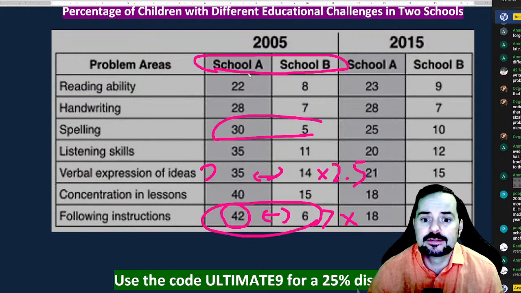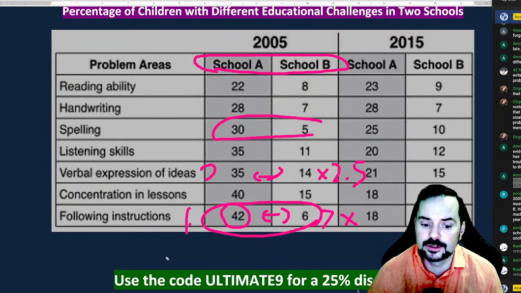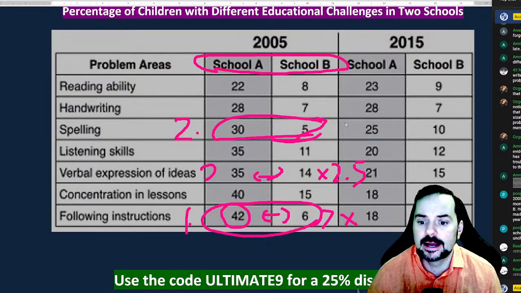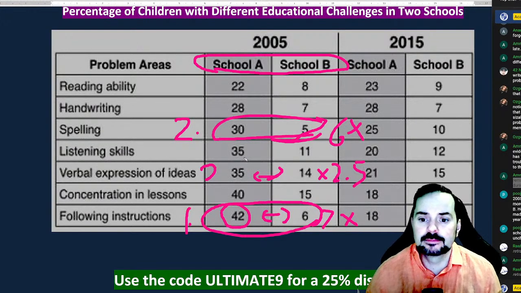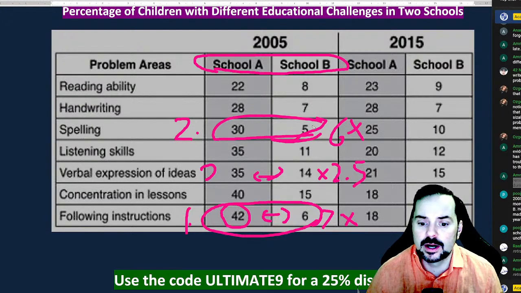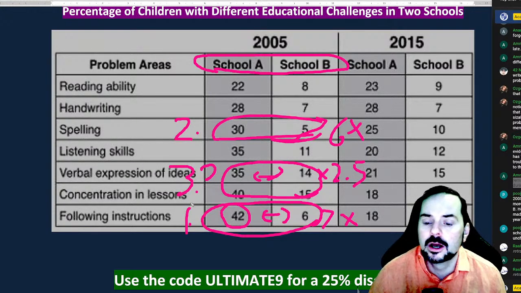There are 7 times greater percentage of students having this difficulty in school A than school B. And there are 6 times, so maybe 0.2 here, having difficulty with spelling in school A and school B. And this big difference can be observed in the other areas as well, with the smallest differences being in verbal expression of ideas and concentrating in lessons, where it's slightly over 2 times as many. Okay, so that would be my point 3.